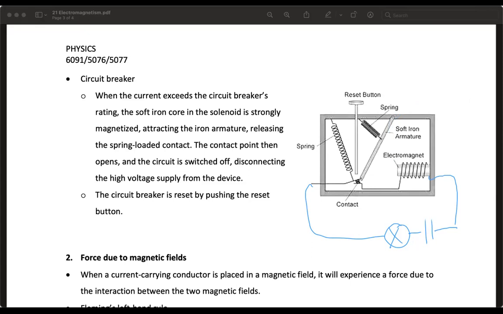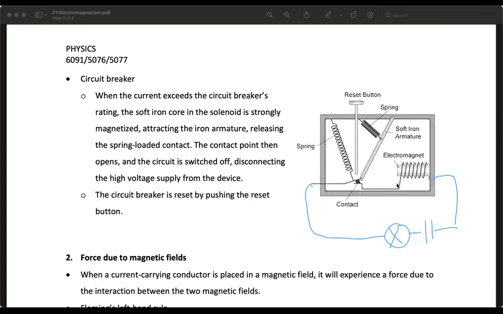So when the current becomes too high, this electromagnet becomes strong, then what does it attract? So the whole thing would turn anti-clockwise towards the electromagnet.